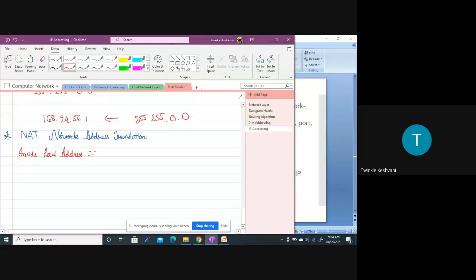This address is probably not an IP address assigned by the service provider; these are private addresses. As I said, an address used inside an organization for that specific purpose is referred to as a local IP address, or the private IP address. And this is the inside host seen from the inside network. So that is the inside local address, which is referred to as a private IP address.